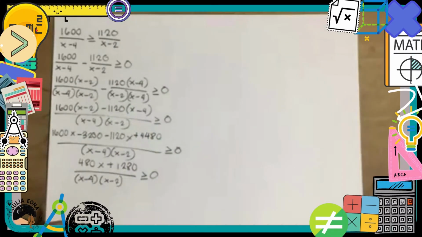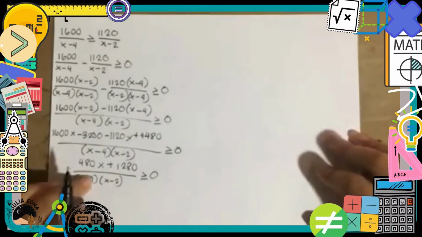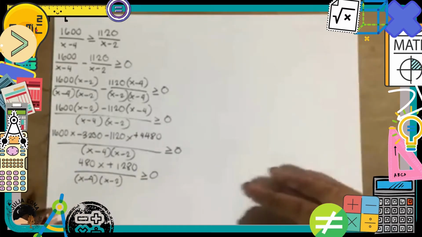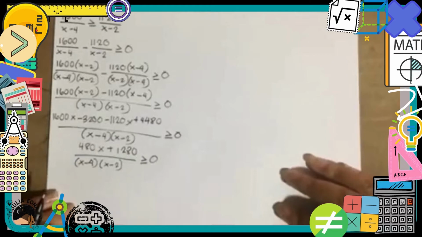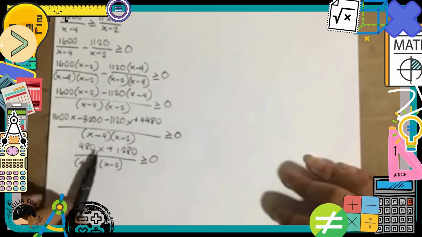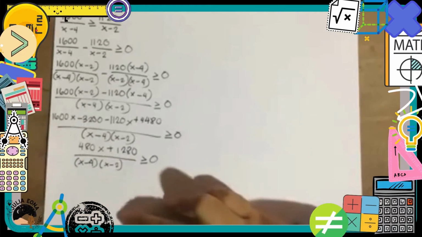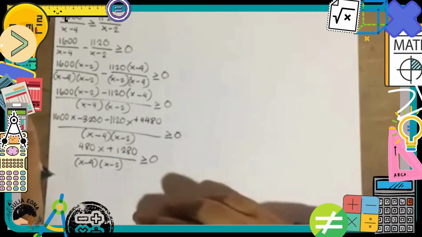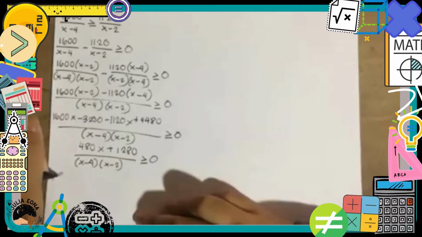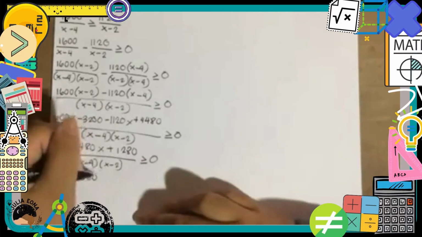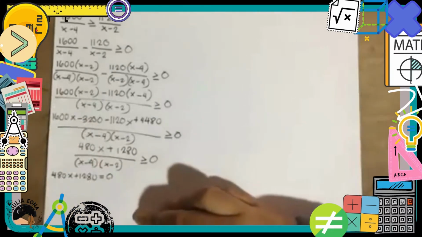Now, our next step is we're going to find their x values. Let's start with 480x plus 1,280. So we're going to write 480x plus 1,280 equals 0.